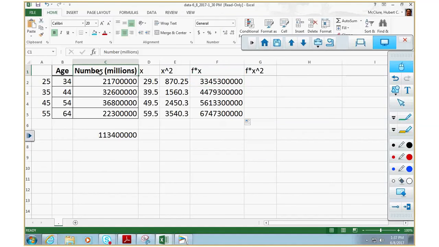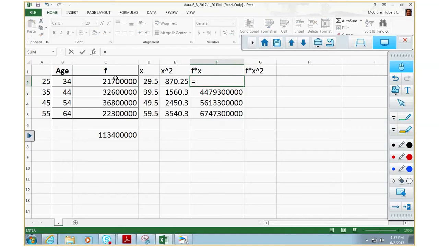Hold on. F there. And then F times X. There we go. That would be equal to this times F times X squared.